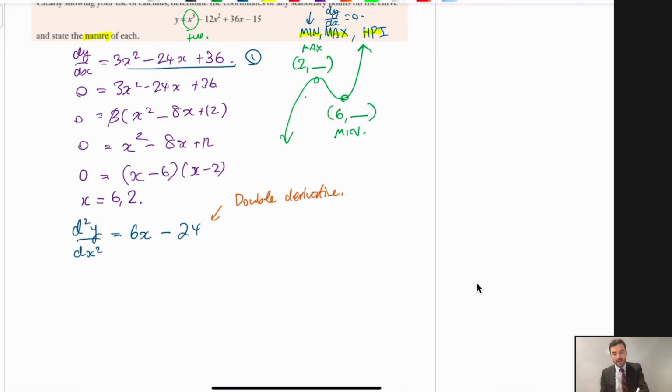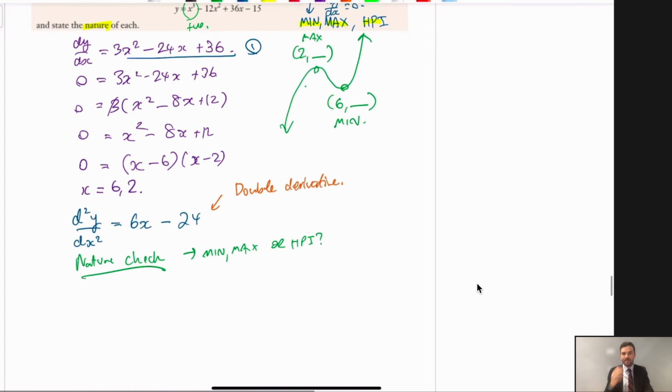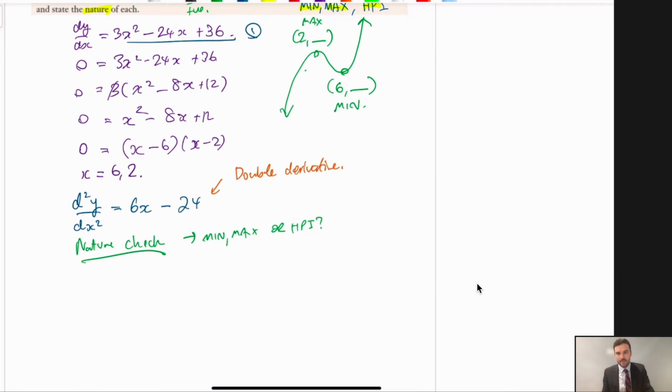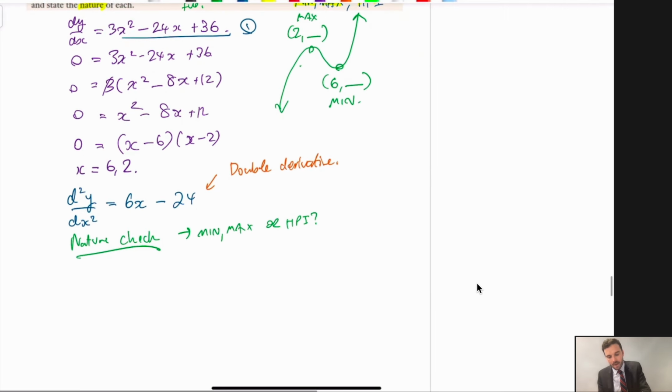Okay, next thing is we're going to do our nature check. We're going to say, is it a min, max, or is it an HPI? So we know it's probably not going to be an HPI in this case. Let's use our nature check. Let's do x is equal to 2 first.